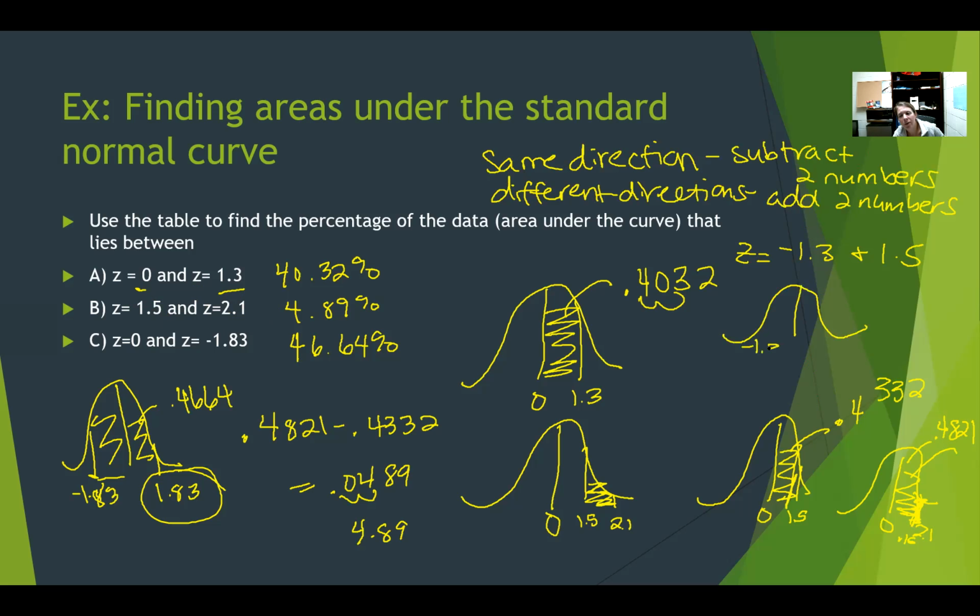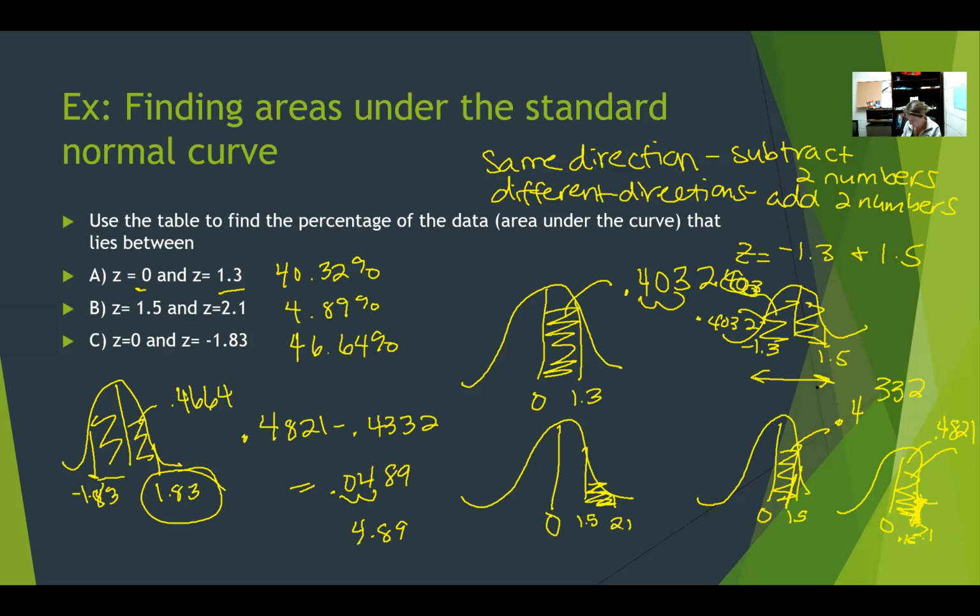So for example, okay, we're going negative 1.3, which we know is the same as positive 1.3, and then 1.5, okay? We want between both of these, and see how they're going in opposite directions. So what we do is we look up the 1.3, which is 0.4032, just like this one, right?